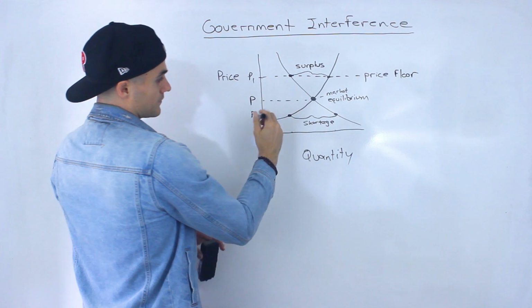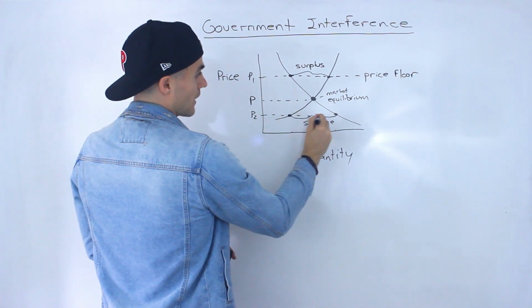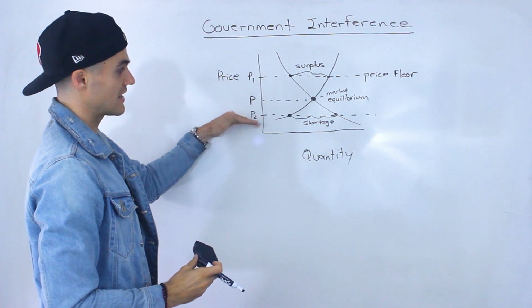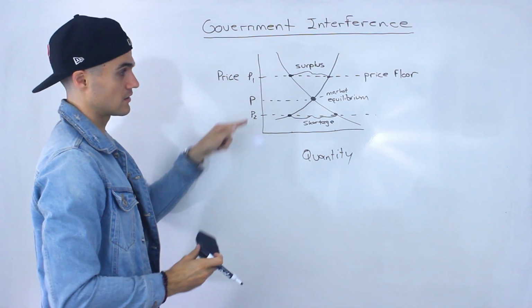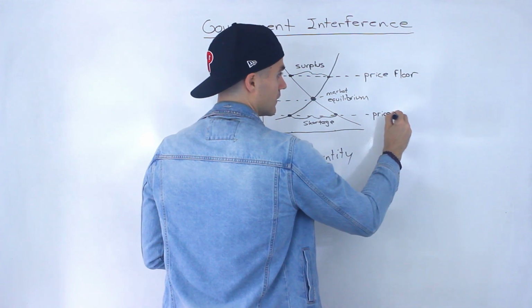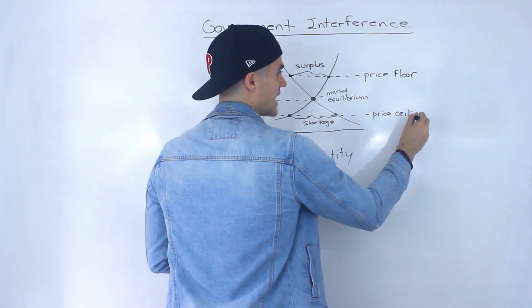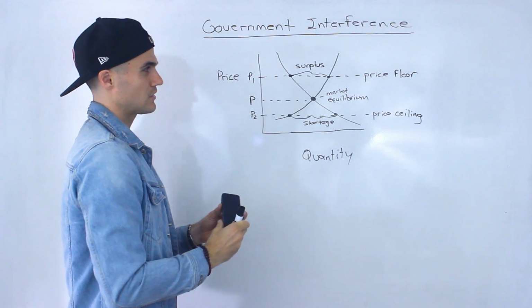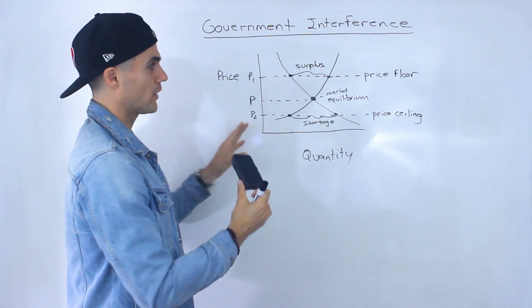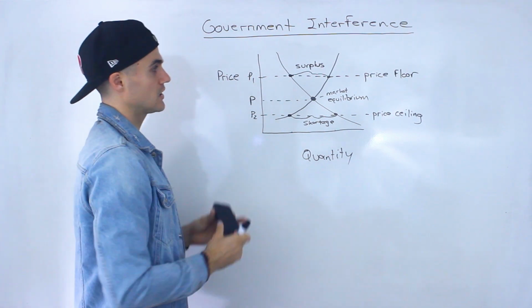Or the other way, they'll set a barrier right here. And they'll say that the price of a good or service cannot go above this price here. And this will be called a price ceiling. Now in this diagram here, it's a little counterintuitive. You would think price floor would be here, price ceiling would be up there. But when you actually look at the intuition, it makes sense.